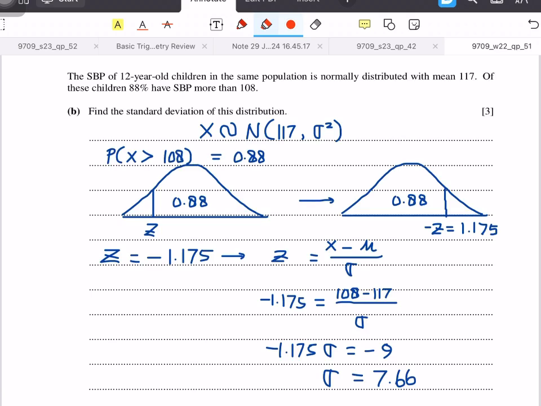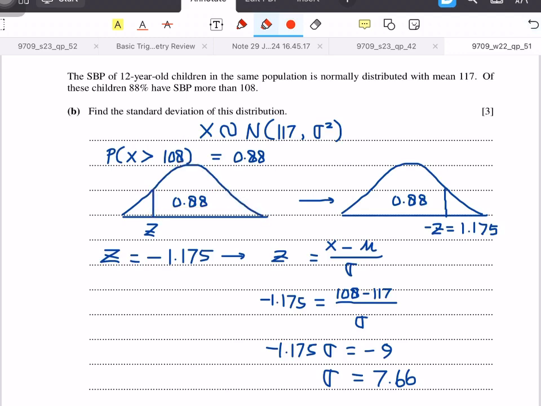So this diagram describes this equation. The area of this region is 0.88.